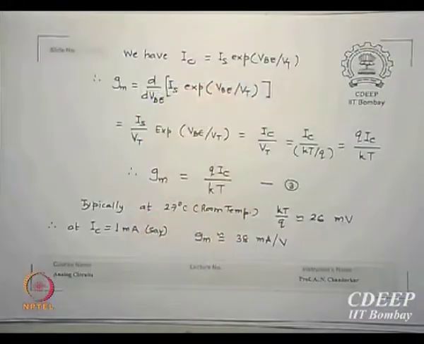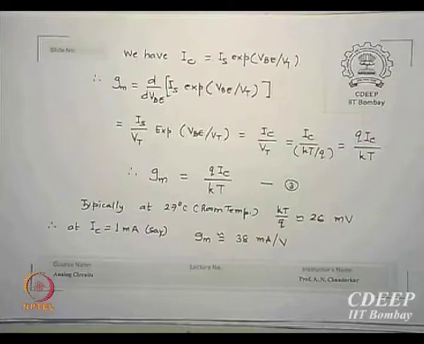So if I say I am biasing the circuit for a 1 milliamp DC current, am I not directly giving you gm? If we don't specify any temperature, 300 degrees Kelvin is what we assume. Otherwise, in some books, they use 25 degrees centigrade, some use 27 degrees centigrade. So assume that normally calculations can be performed at 300 degrees Kelvin, typically 27 degrees centigrade.